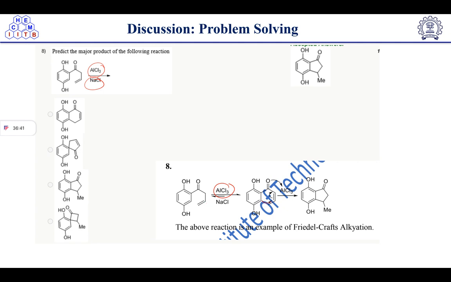After that, the benzene ring will attack over here and it will get here. Now this O will chelate with AlCl3. Okay. After that chelation, hydrolysis will result in product formation.